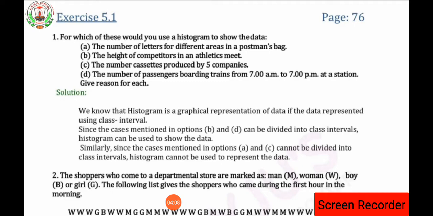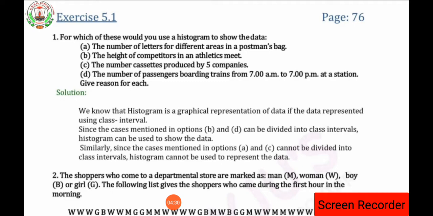Clear everyone? Next one which we are going to study is the double bar graph. A double bar graph is also the same as a bar graph, but we are using the data of two things, isn't it? So a bar graph showing two sets of data simultaneously is useful for the comparison of data.